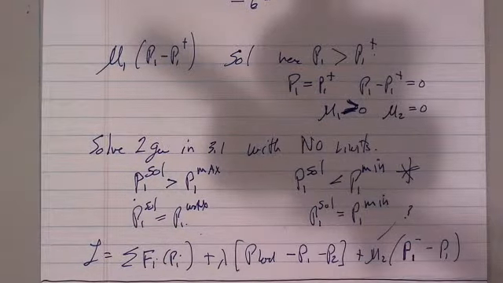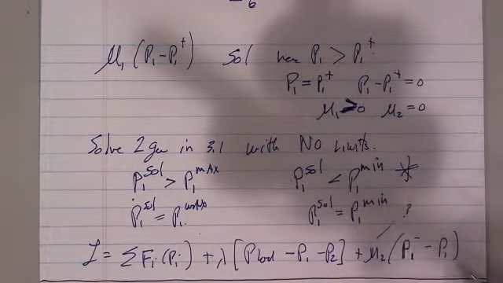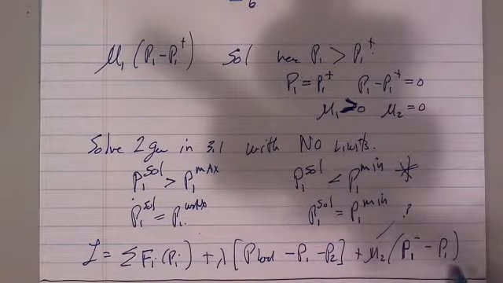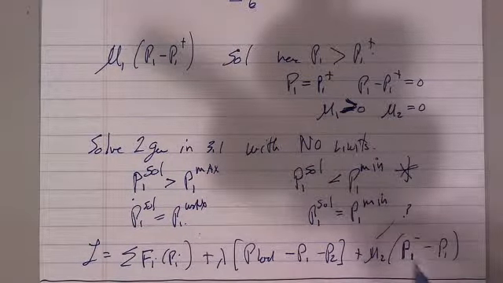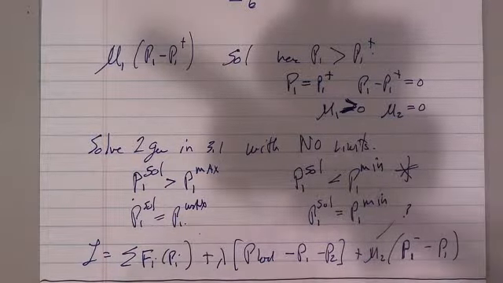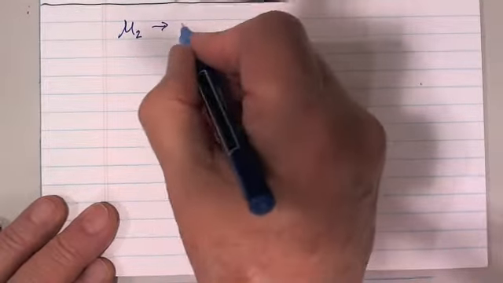So we're going to force it to its min, and then mu2 will come out to be greater than 0, if it's at its limit.